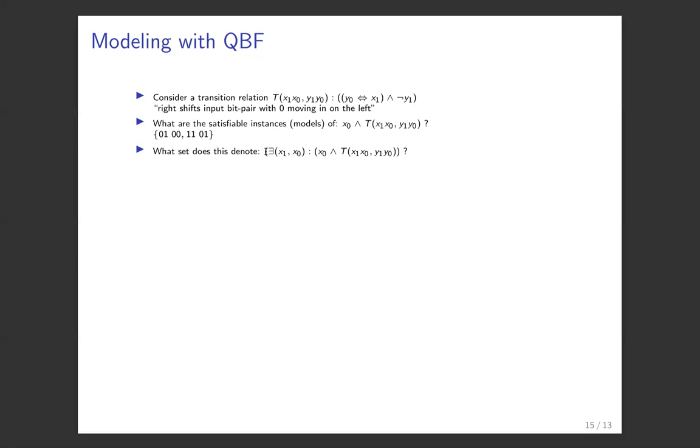First of all, this is a formula, and a formula denotes a predicate. This formula has y1, y0 free. When I ask what this denotes, what a formula denotes is the set of satisfying instances. That's how you should understand the question: what are the satisfying instances of this formula?